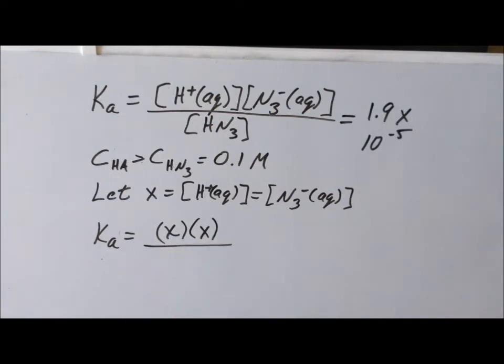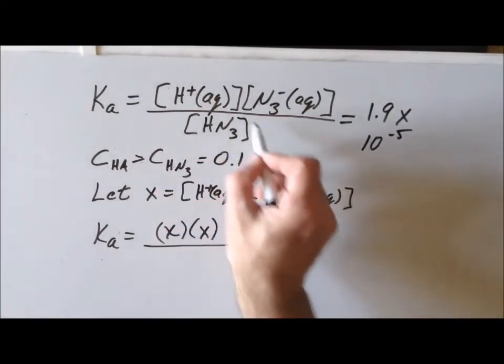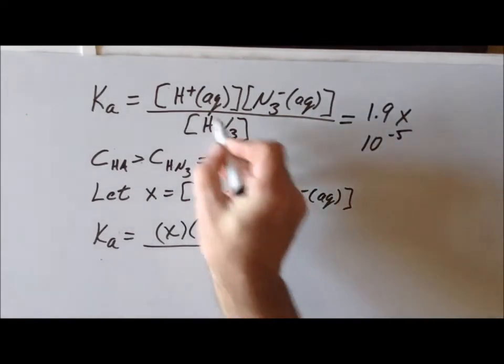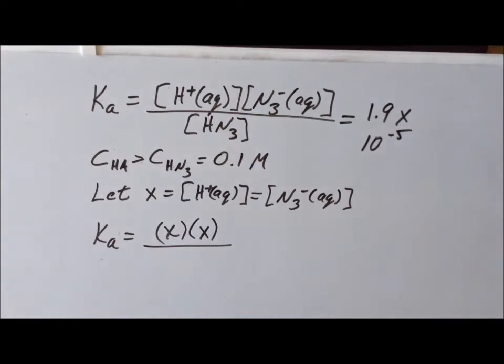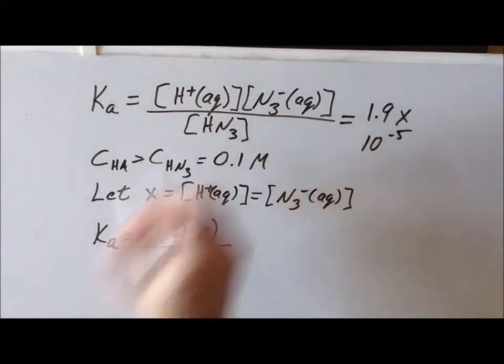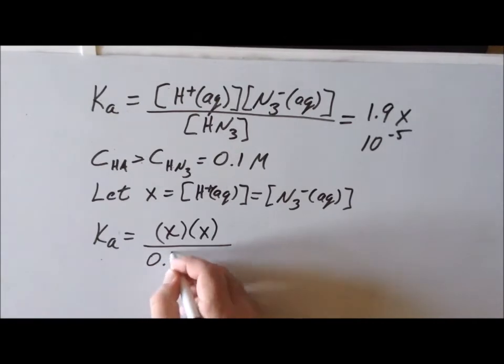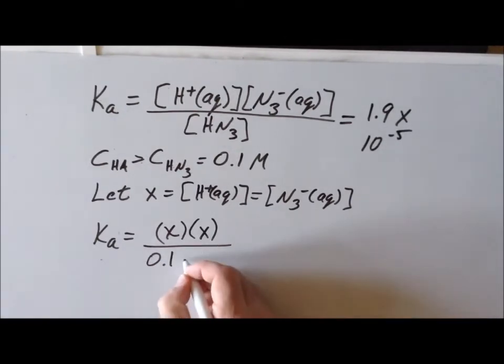In the denominator, this concentration of HN₃ is the concentration of the hydrazoic acid that has not dissociated. So this number will not be exactly 0.1, because though we started with a formal concentration of 0.1 molar, some of that hydrazoic acid is going to dissociate because it's an acid. So the overall concentration here is going to be equal to the initial concentration 0.1 minus the small amount of hydrazoic acid that dissociates.